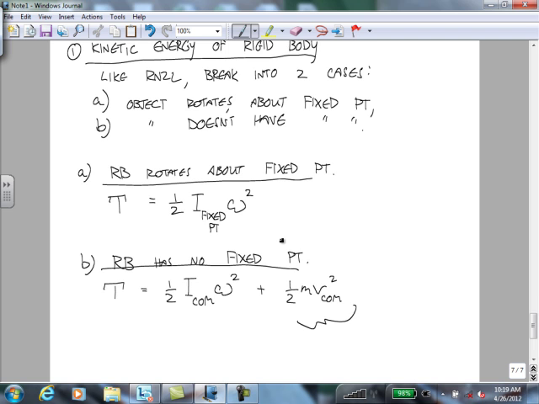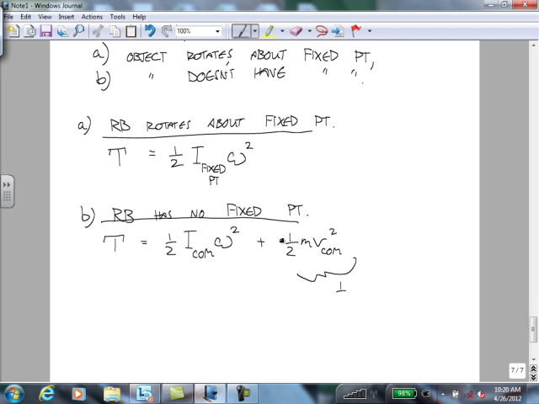If you have the velocity as a vector, you can also calculate that as 1/2 times the mass times the velocity of the center of mass dotted with itself.